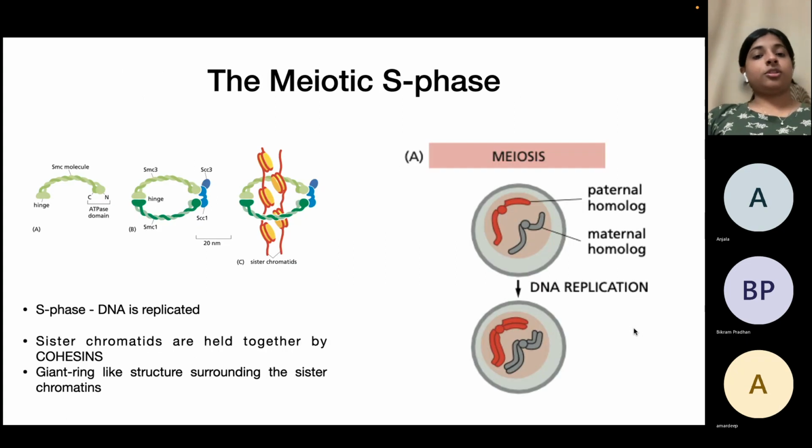So we've spoken so much about why meiosis is required, why meiosis has to be accurate. Now let's look at the molecular mechanism that drives meiotic phase. The first is the meiotic S phase. Like all cell division, meiosis also requires DNA replication. So similar to mitosis, here DNA replicates, and instead of 1 copy of every homologue, there are now 2 copies.